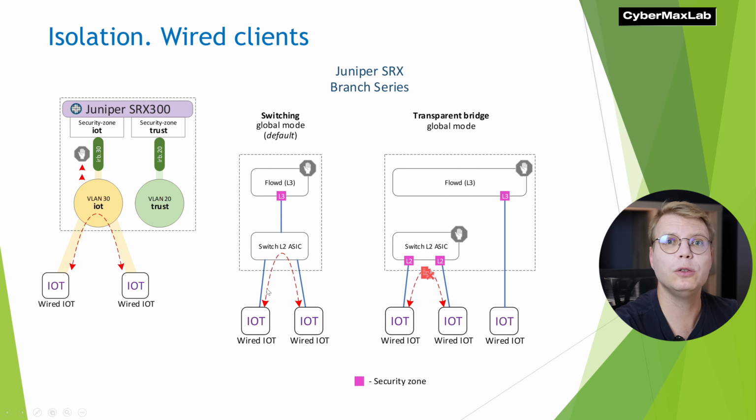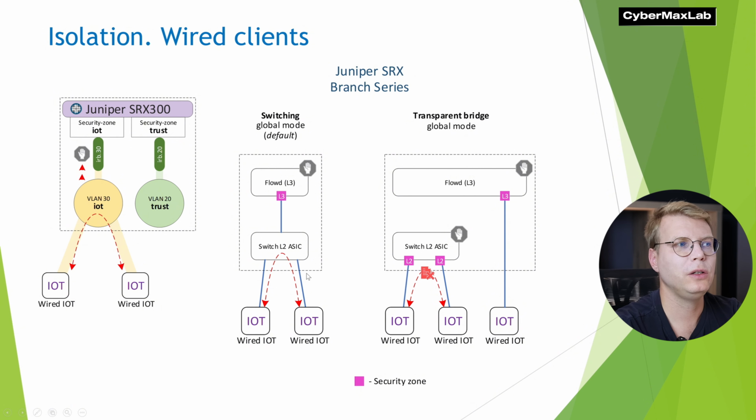They don't need to go to FlowD because they are just communicating inside the same network. And in the switching mode, there is no way to restrict it. You can restrict traffic going outside of the subnet. This is where we have our security zone on the FlowD, but not inside the VLAN.